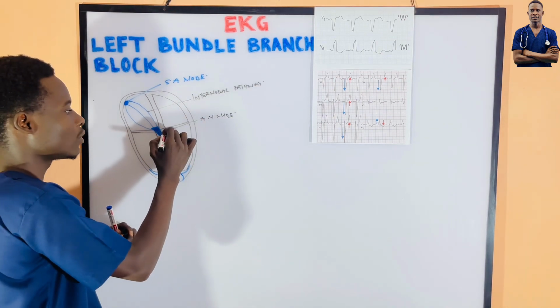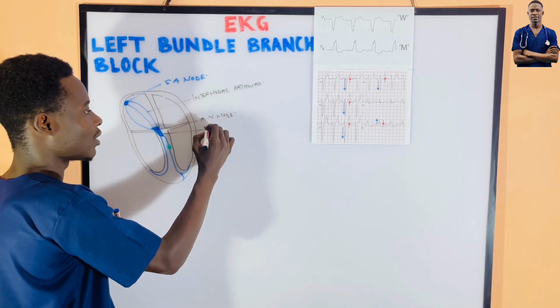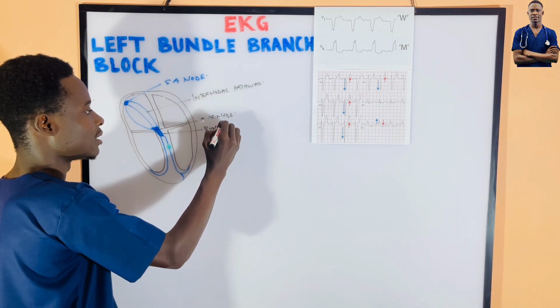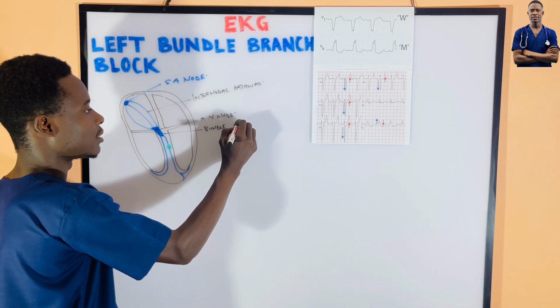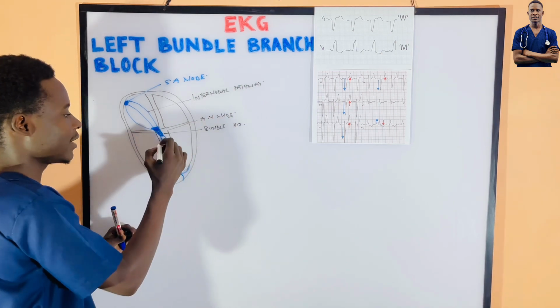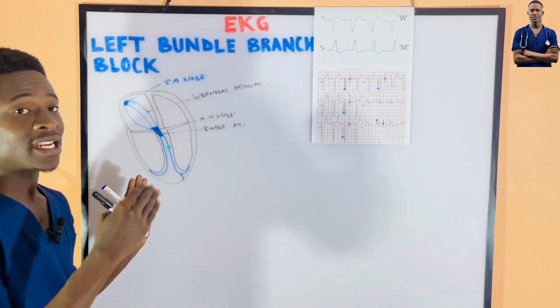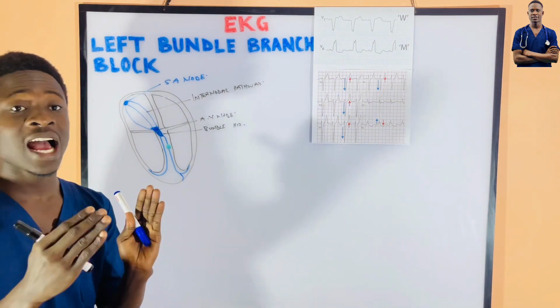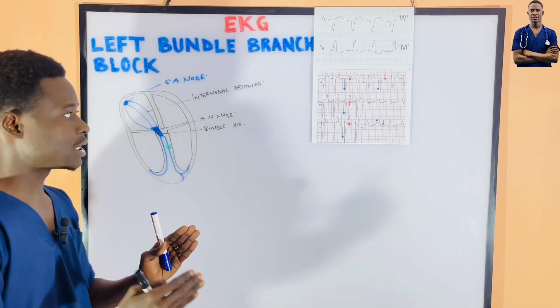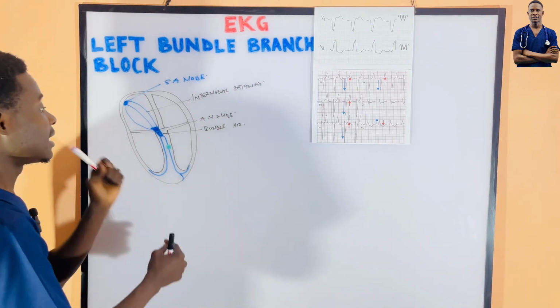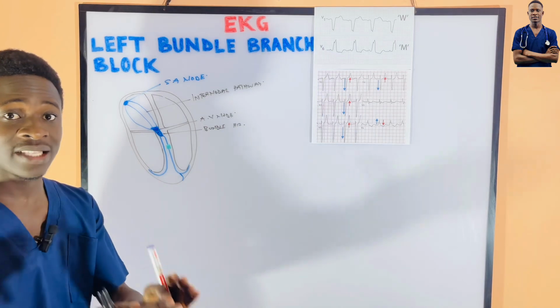Then from the AV node, it gets into the bundle of His. And then from the bundle of His, it gives branches to the left and then the right. This is what we are actually talking about. Our main concentration for today's class is the left and the right bundle branch.